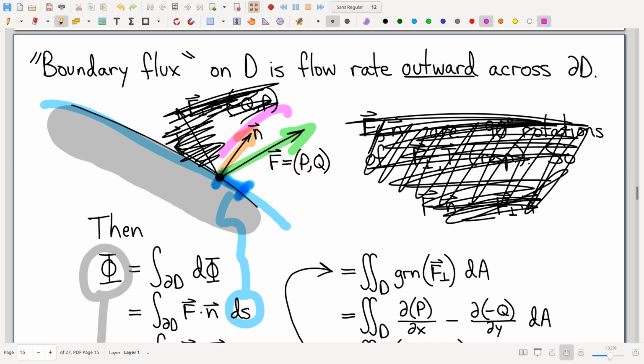The amount of flux through that little piece, which you might call d phi, is just exactly, borrowing from the formula on the previous page, f dot n times the length of that little piece.